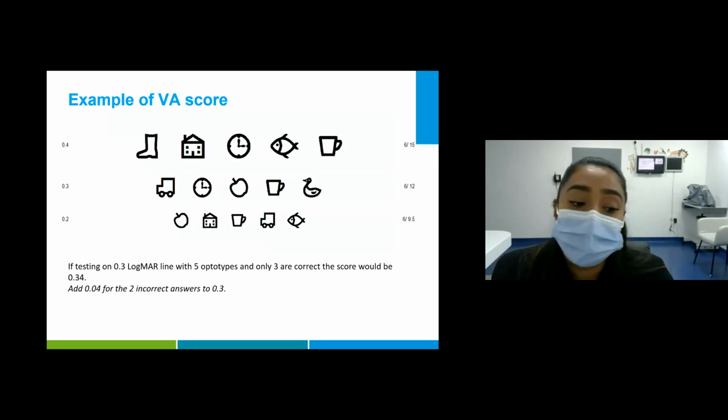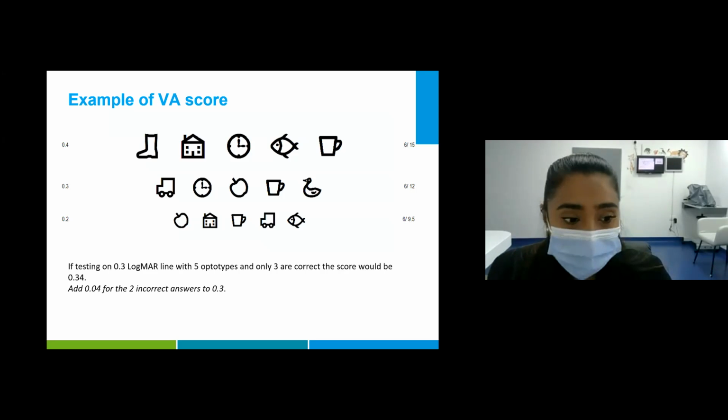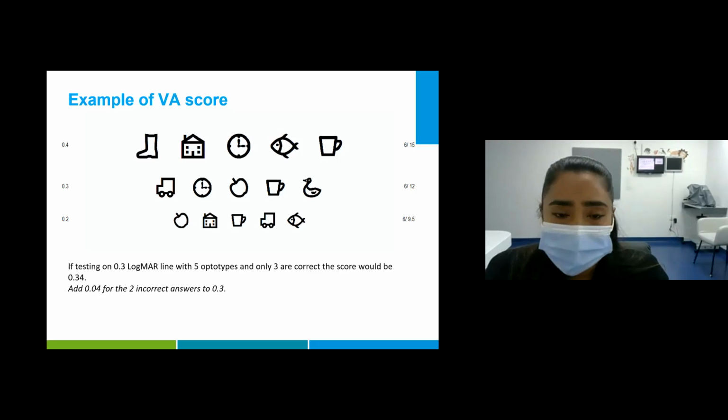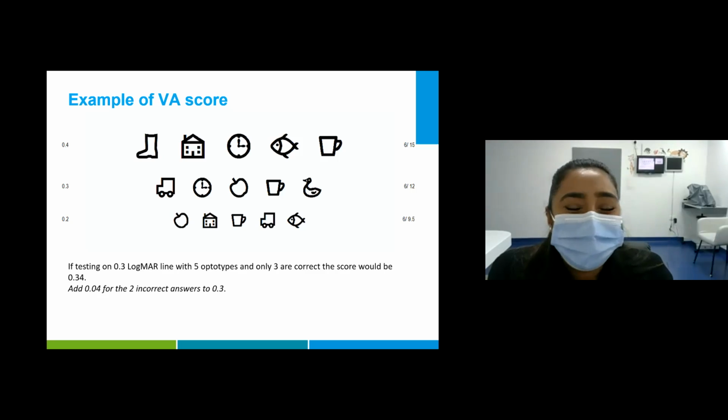So 2 lots of 0.02 is 0.04. You add that to the 0.3 line, because that's the one where they got a couple wrong and the top line was right. At this point, I hope I haven't confused anybody. If you have any questions, you can raise your hand.